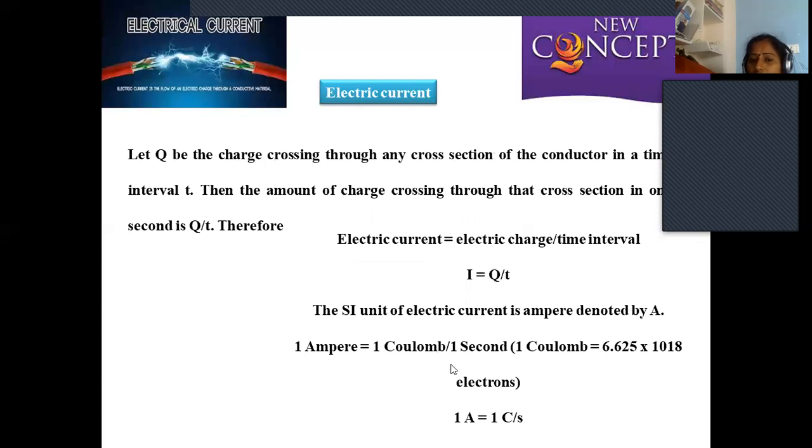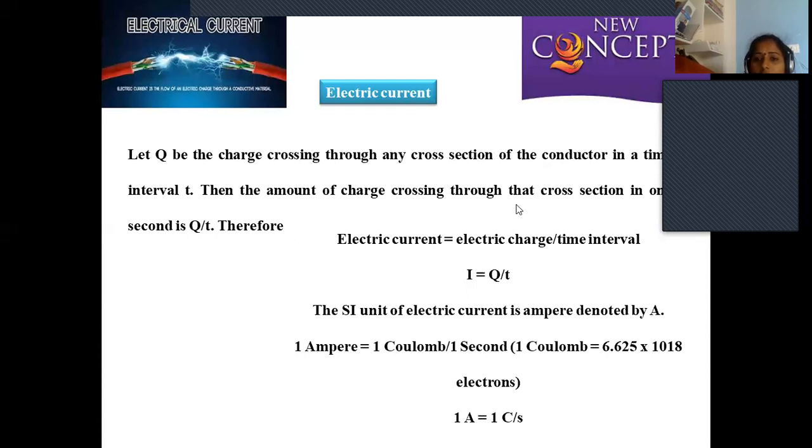Now, that can be taken in a quantitative manner. Let Q be the charge crossing the cross section of a conductor in a time interval t. t will be 1 second, for example. The amount of charge crossing the cross section in 1 second will become Q by t, right? Here Q is the charge, and t is the time interval we are focusing on.